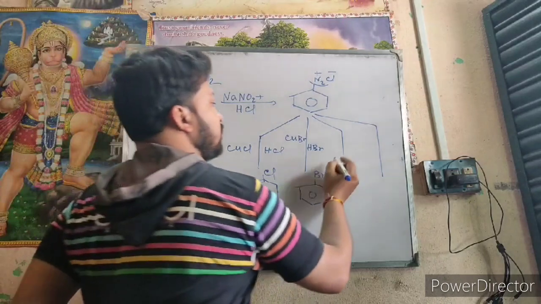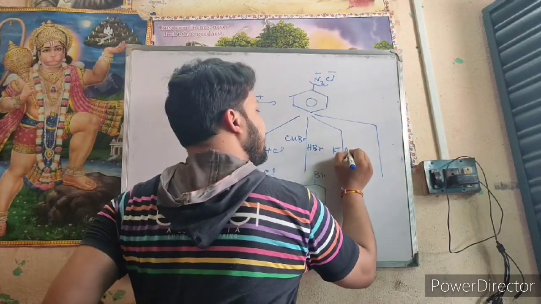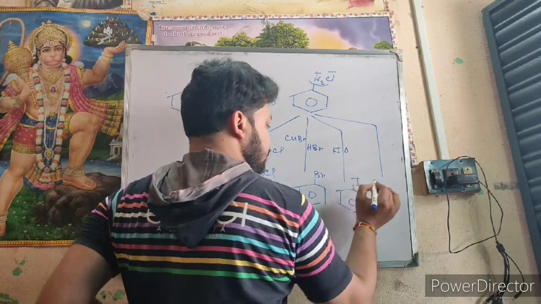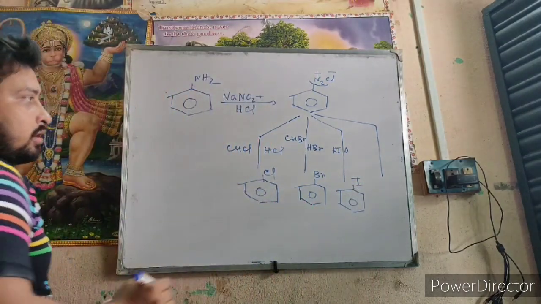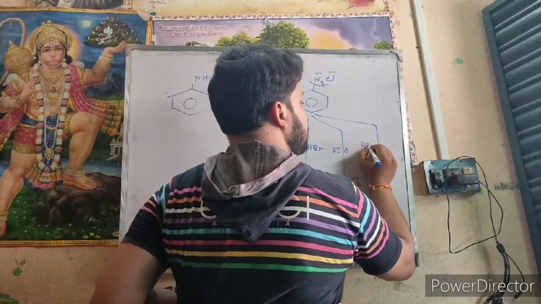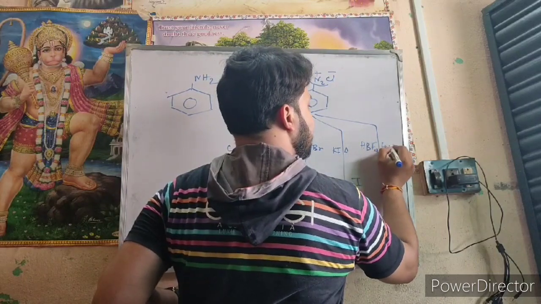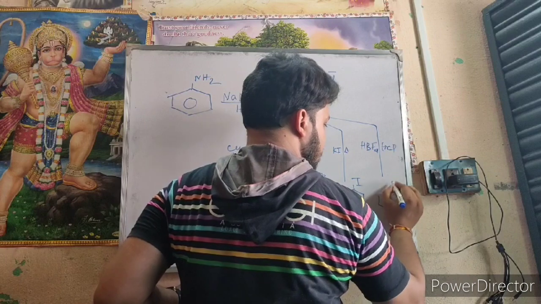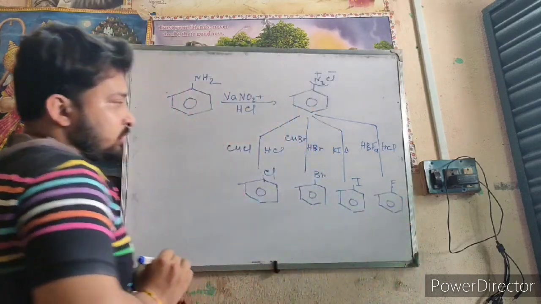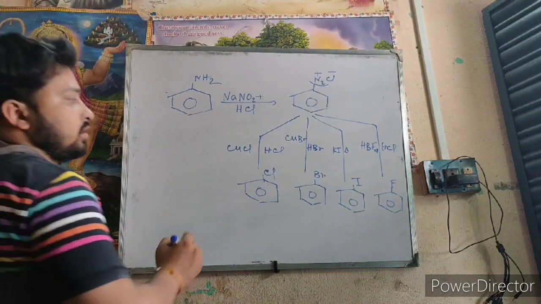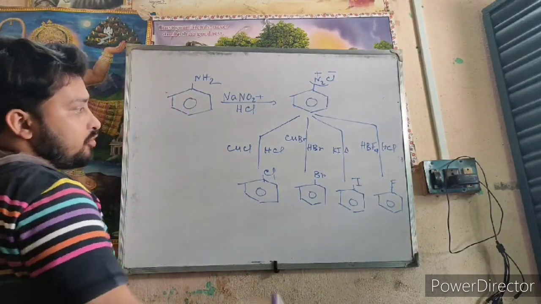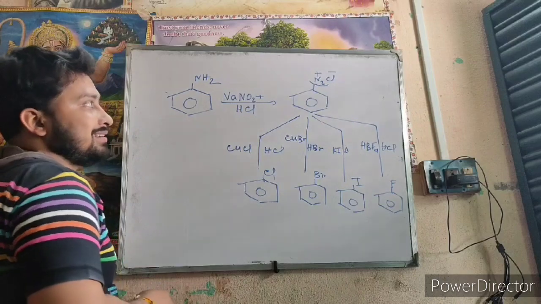If you use KI and heat, you get iodobenzene. Or if you use HBF4 with heat, you get fluorobenzene. And the side product in all these reactions is nitrogen, as it is a gas. Entropy helps to remove the gas from this reaction.